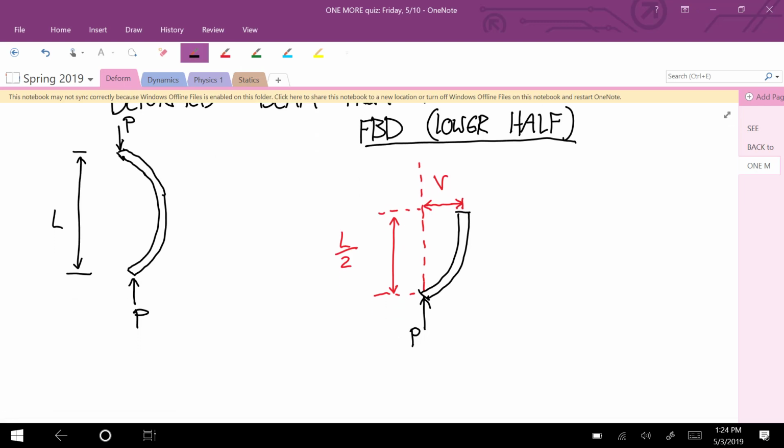And so now this is an internal loads calculation. At the point where this becomes unstable, if it's stable and you deform it like this, it's not going to be in equilibrium, right? Because what's it going to do? If you bend it like this and it's stable and let go of it, what's it going to do?